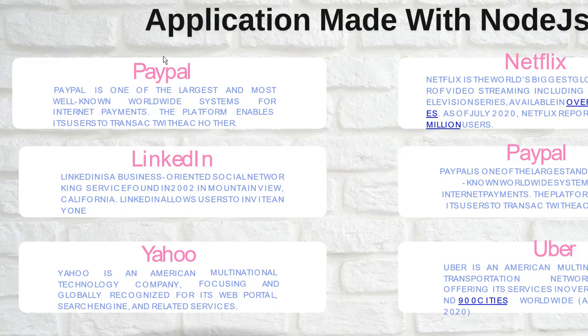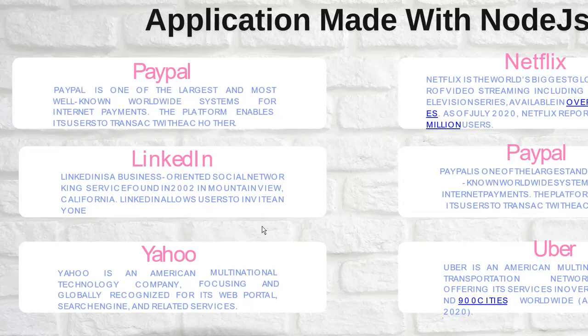Again, PayPal's backend is Node.js, and Netflix's backend is Node.js, and LinkedIn, for job profiles and user information sharing, is also developed with Node.js on the backend. Yahoo, you might have heard about that, also uses it on the backend, and Uber. About 80 countries and 900 cities are using Uber.